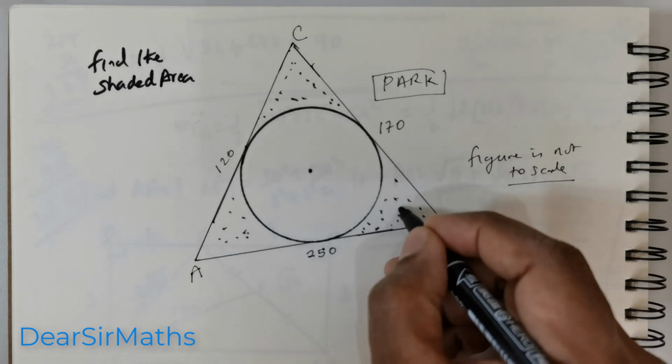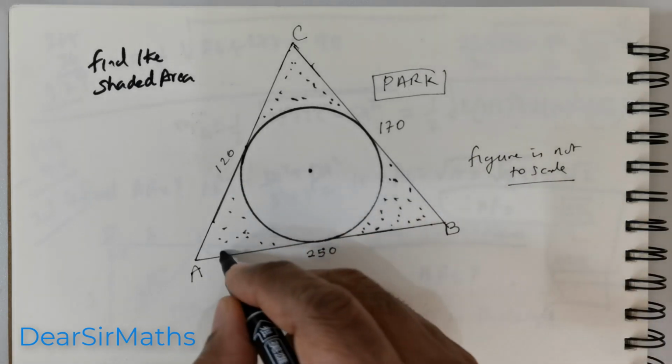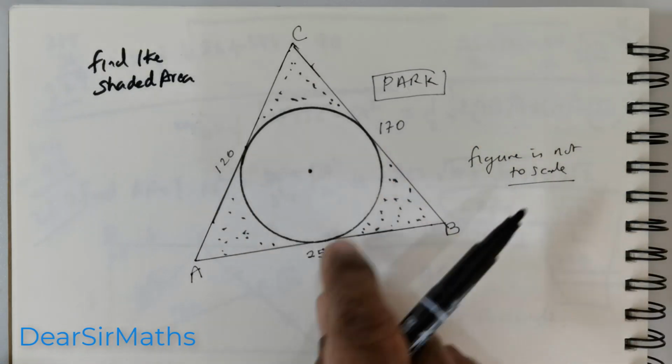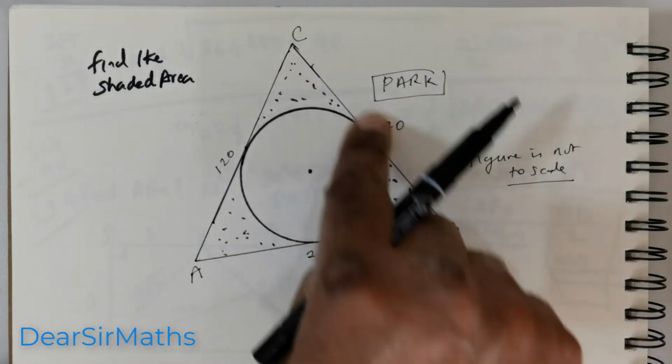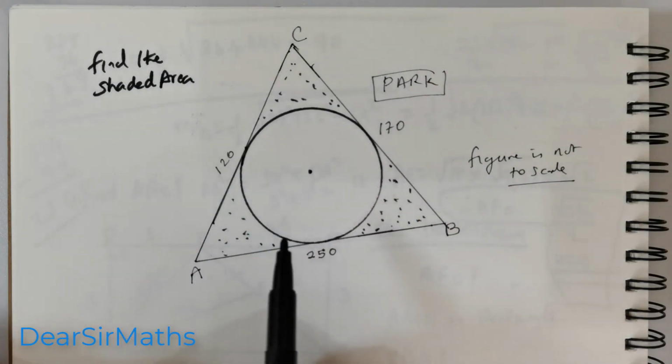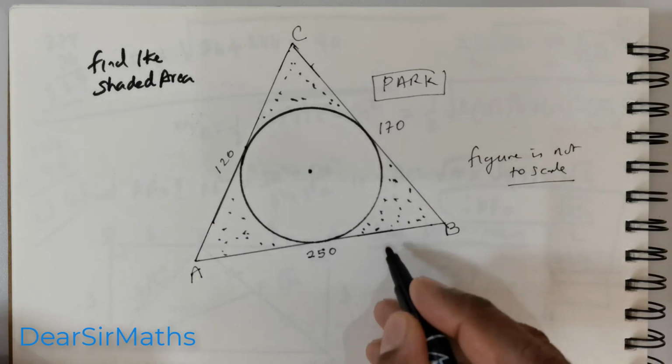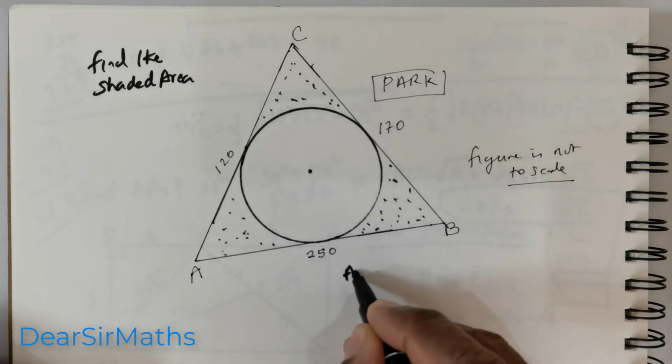So they are interested in finding the area of the shaded region, and we are not given anything else apart from the perimeter, right?